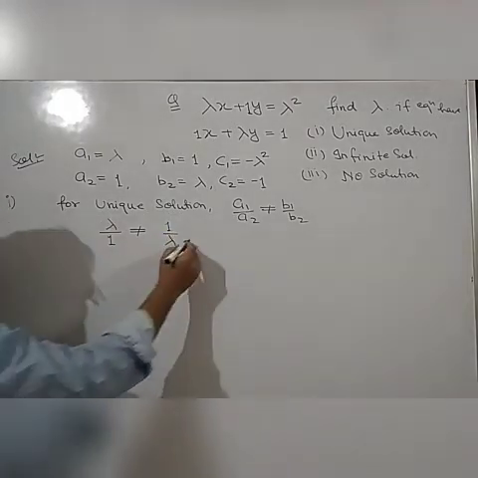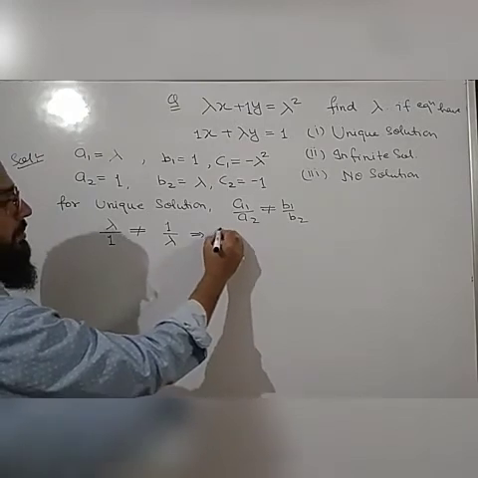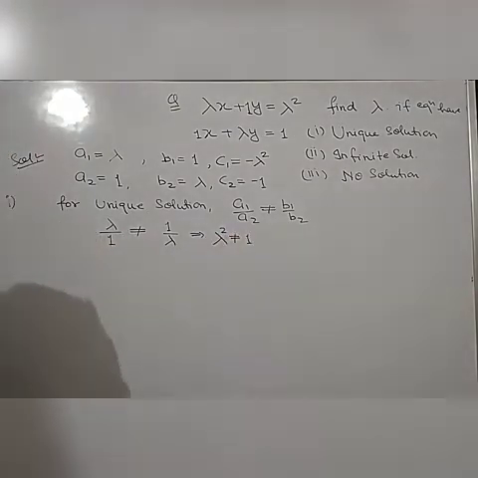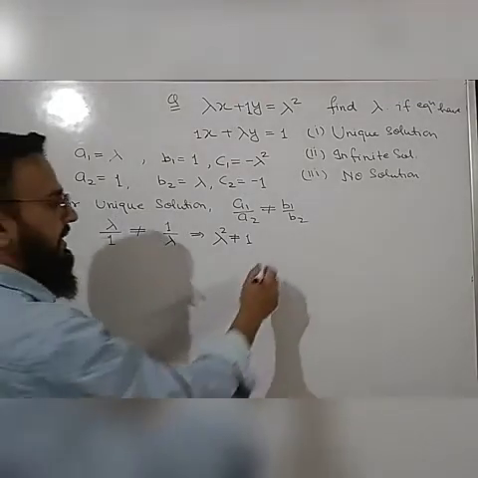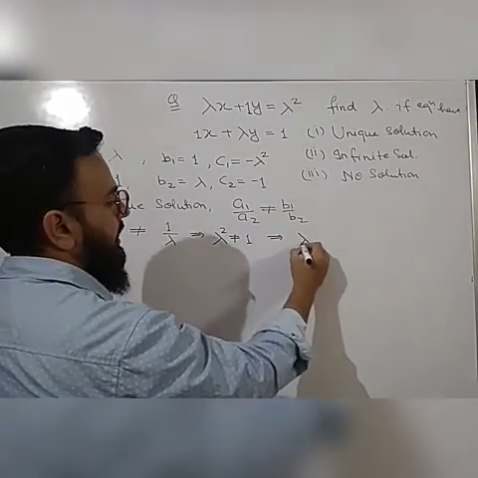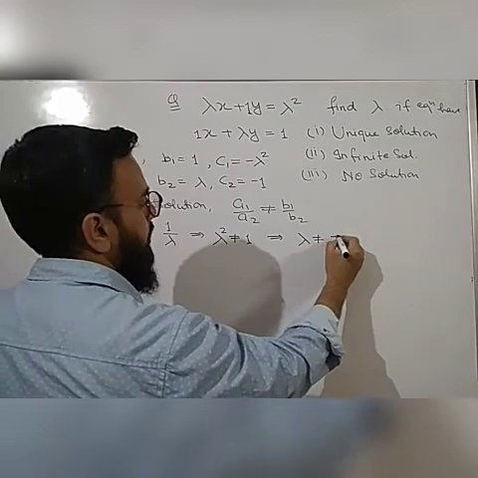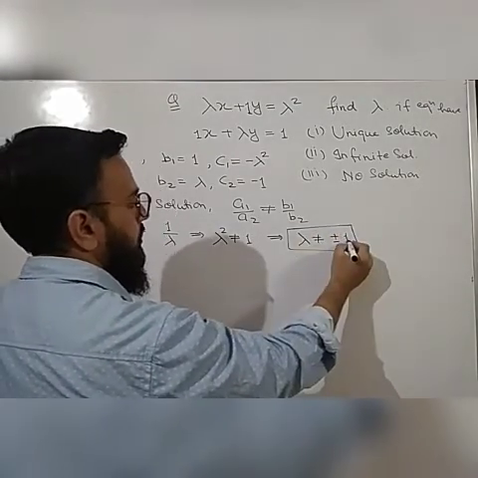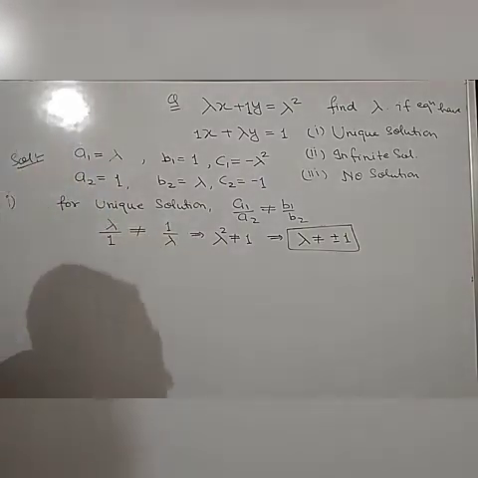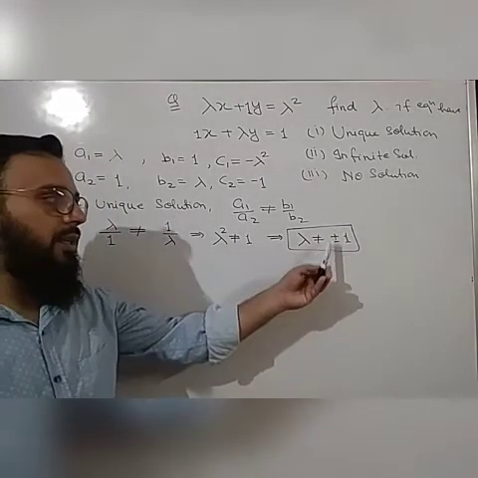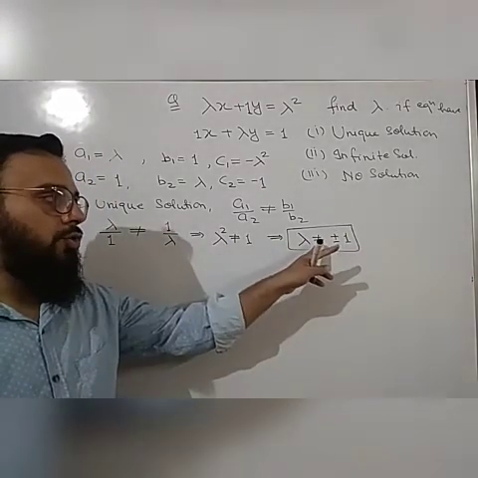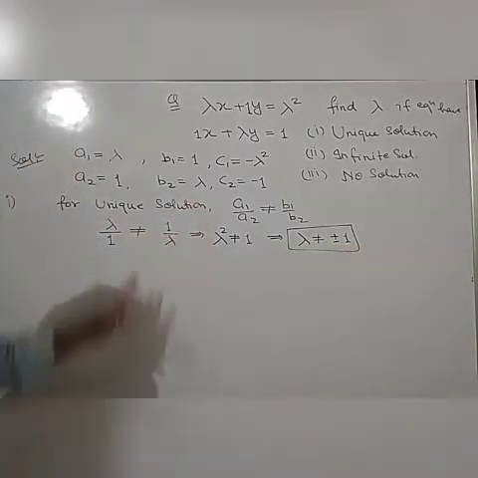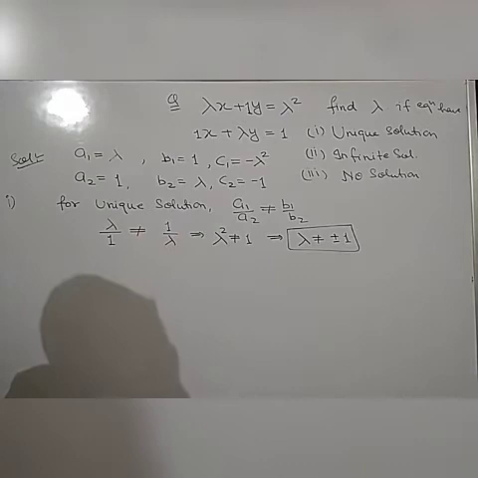By cross multiplying, we will get lambda square should not equal 1. And when we take the square root, we will get lambda should not equal plus minus 1. Whenever we take the square root, both the signs are there, plus and minus. So lambda should not equal plus minus 1. It is the condition for unique solution.